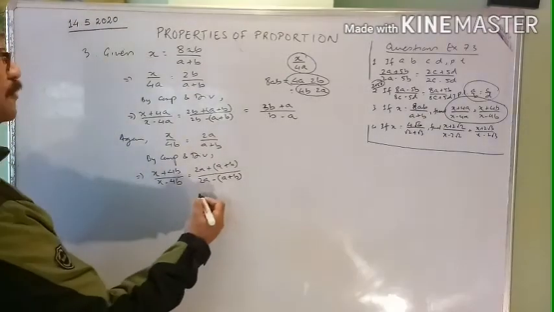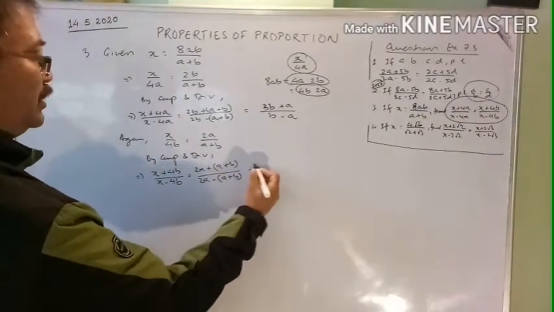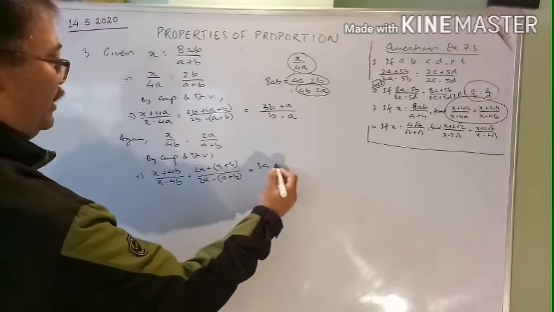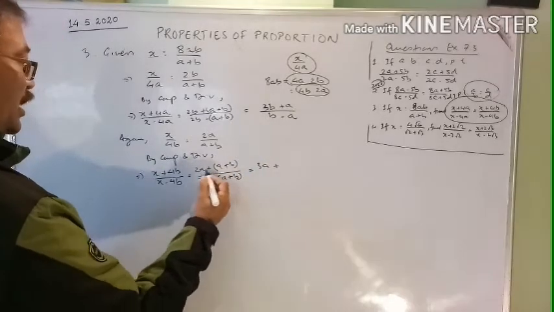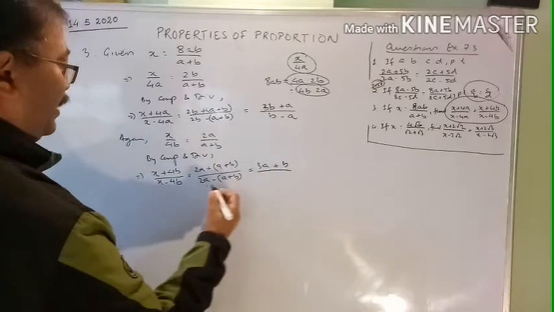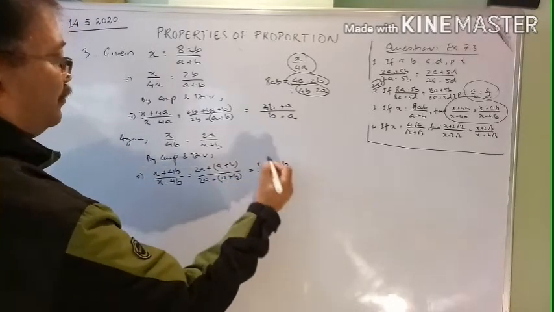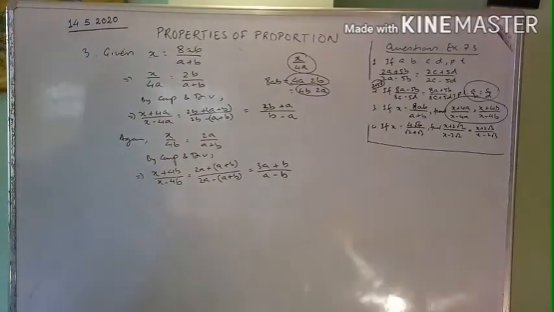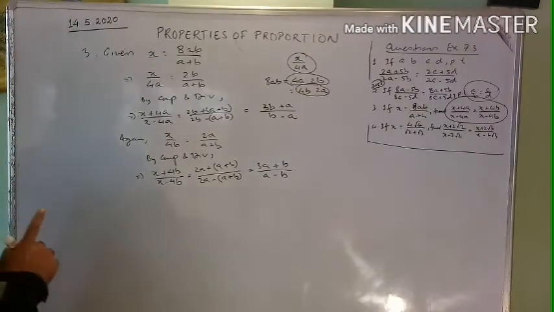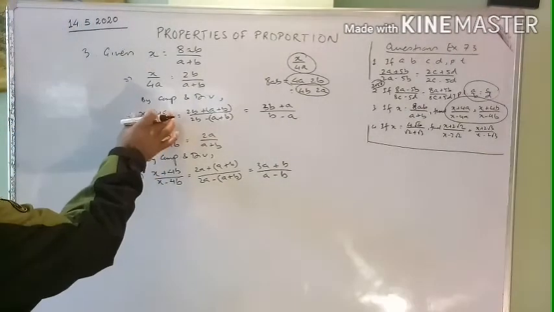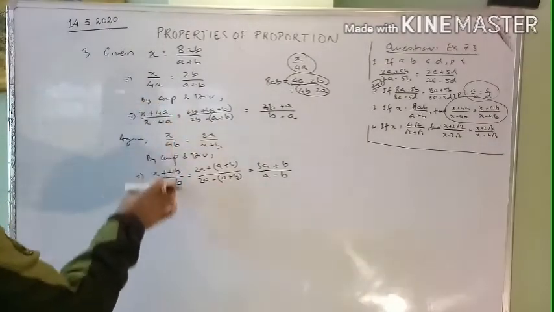So this will give you 2a plus a is 3a plus b, divided by 2a minus a is a, and minus plus is minus b. Okay, so now we found the values of these two expressions separately.